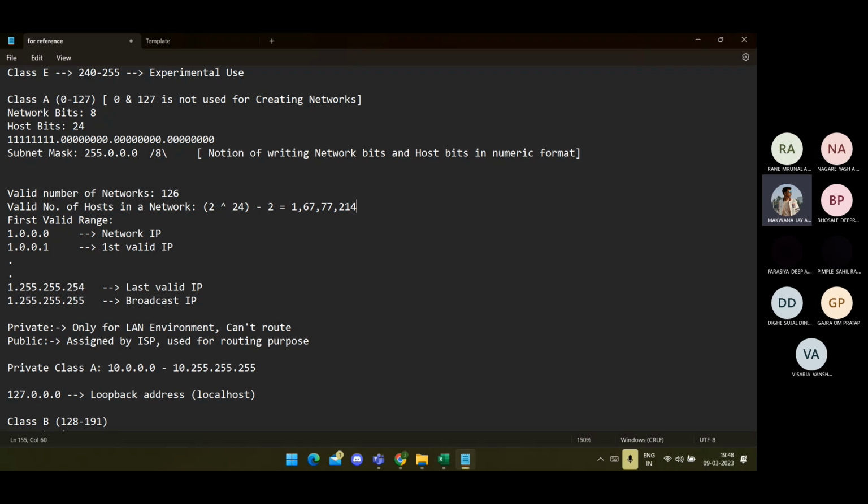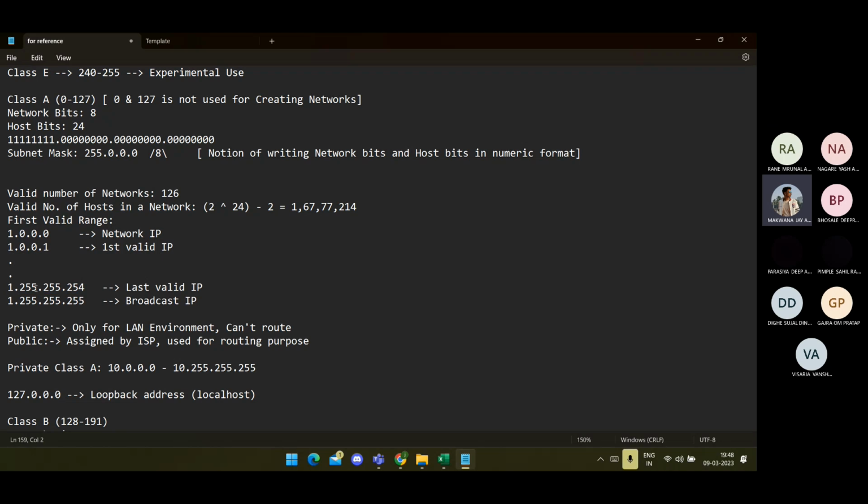So if we consider the IP range of 1.0.0.0, what will be the first valid IP? By default, the first will be the network IP. The second one will be the first valid IP. So from this, the host will get IP addresses till what? It will get IP addresses till 1.255.255.254. Okay.